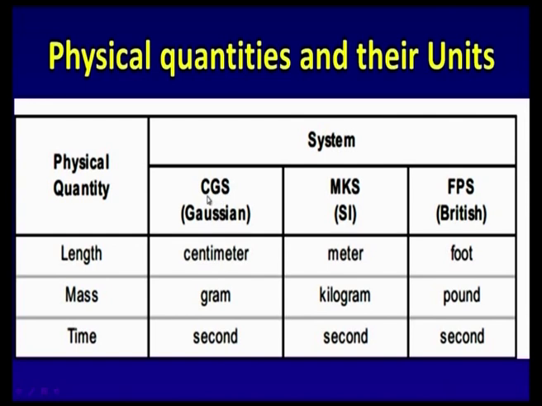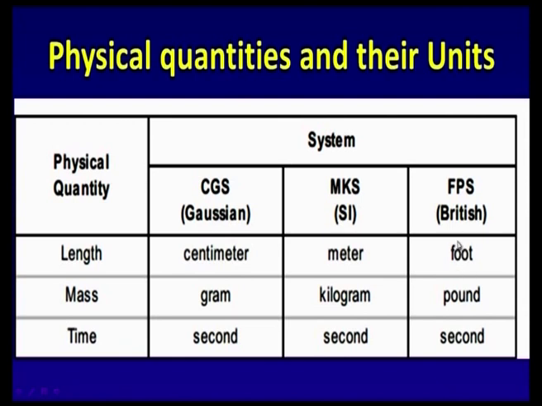CGS means what? C for centimeter. That means the unit of length in CGS system is centimeter. In MKS system, the unit of length is meter. And in FPS system, the unit of length is foot.